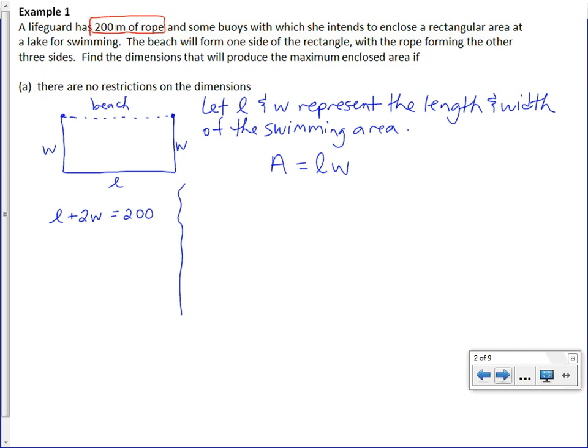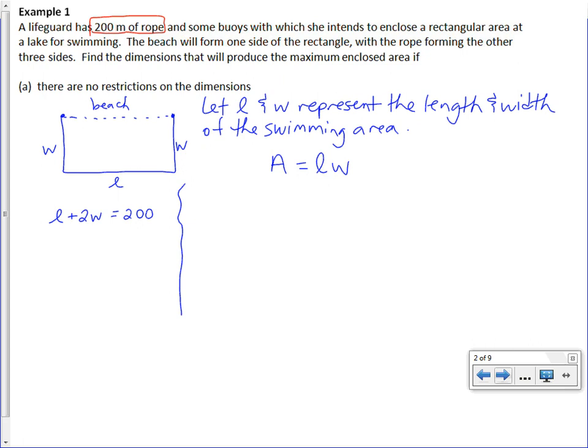What makes that useful is that if I have that relationship that has only L's and W's, could I use this to replace either L or W here? So now the question is, what would you like to isolate over here? It really doesn't matter what the variable is here. Okay? What's easier to isolate here, L or W?